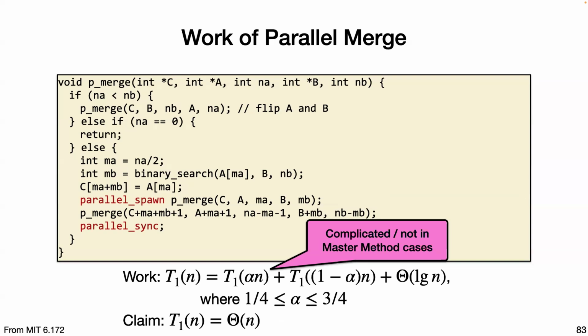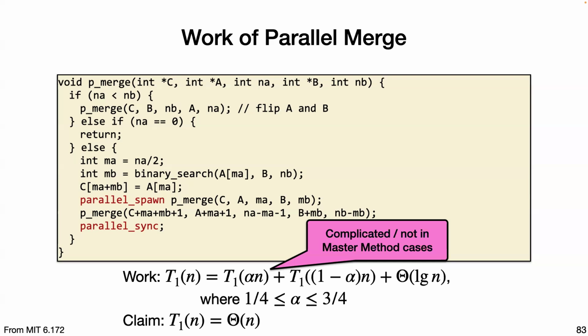So that was good for the span. We reduced it from n to log squared, but now we want to make sure that the work is still fine. And this is not in the master theorem cases, because in the work, at every level, there are 2 subproblems. Each one will be cut by some constant. Let's just call it alpha, which is the difference between each subproblem. One side is alpha, one side is 1 minus alpha, both of them times n.